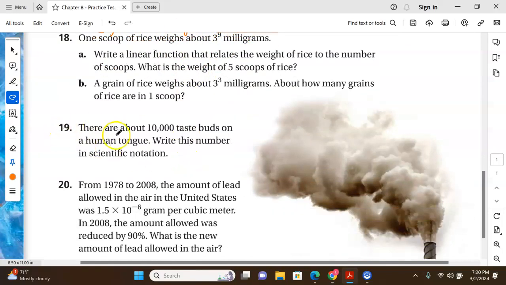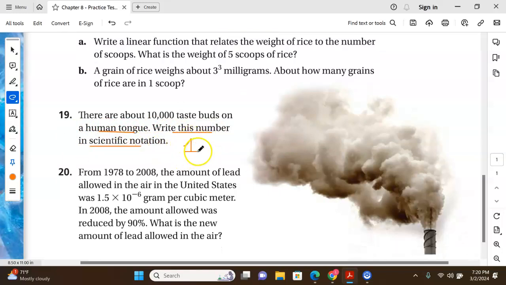All right, number 19. There are about 10,000 taste buds on a human tongue. Write this number in scientific notation. Okay, that's pretty quick. 10,000. Well, it's good to know that we have 10,000 taste buds on our tongue. That's new to me.